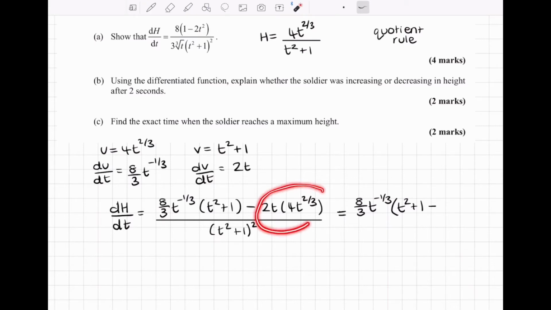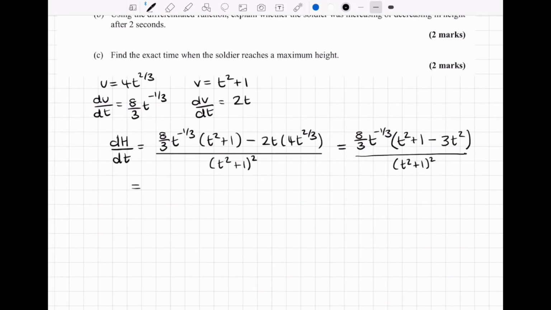So I want to take out 8/3. And this is 8t to the 5/3. So we'll just need 3t squared for that part.